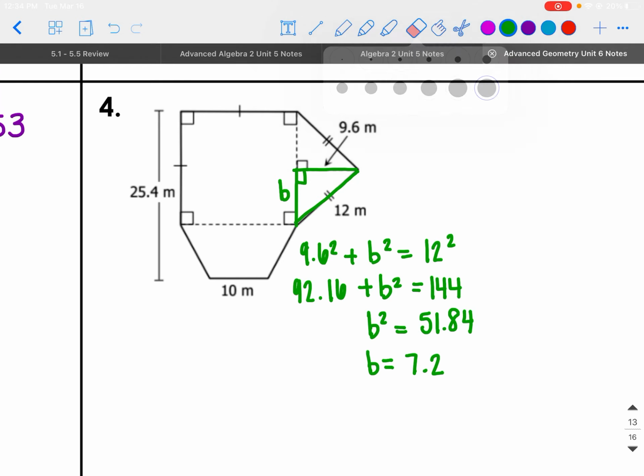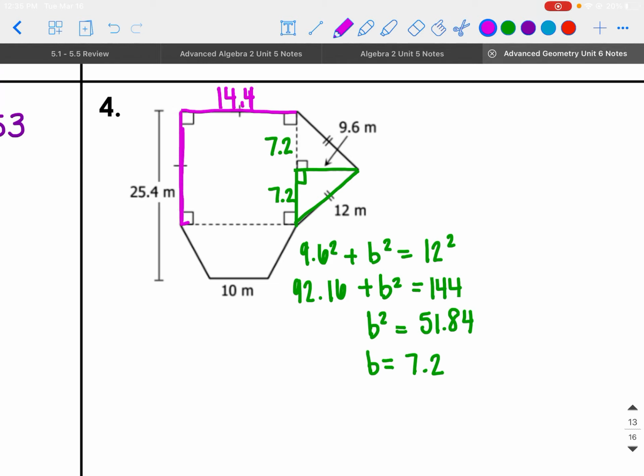So that means that we have 7.2. This is also 7.2, which means that the entire length of the square is 14.4.